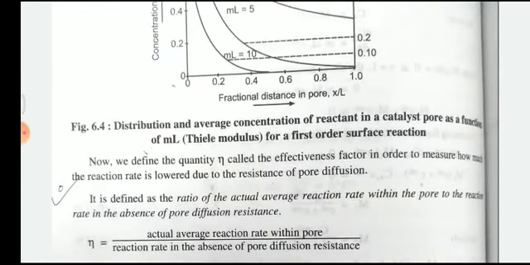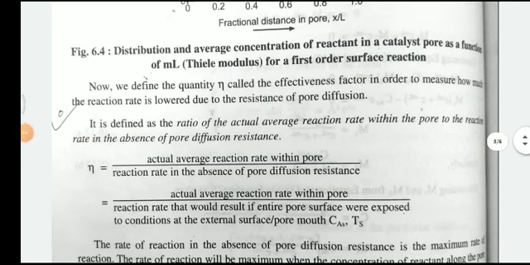Now we define the quantity eta, called the effectiveness factor, in order to measure how much the reaction rate is lower due to the resistance of pore diffusion. ઓકે, અત્યારે શું કરીએ છીએ આપણે એફિશિયન્સીને ડિફાઇન કરીએ છીએ અને એફિશિયન્સીની જગ્યા પર કહી શકીએ એને ક્વોન્ટિટી.